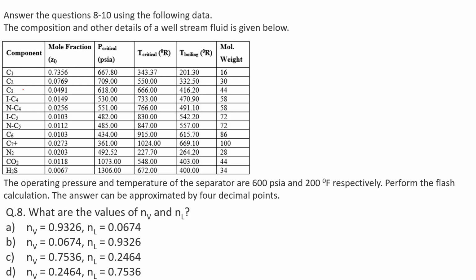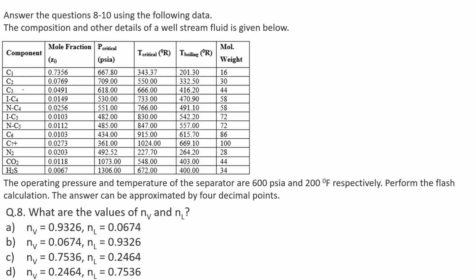So next, questions 8 to 10. The following data is given. The composition and other details of a well stream fluid are given below. The operating pressure and temperature of the separator are 600 psi and 200 Fahrenheit respectively. To perform the flash calculation, the answer can be approximated to 4 decimal points.